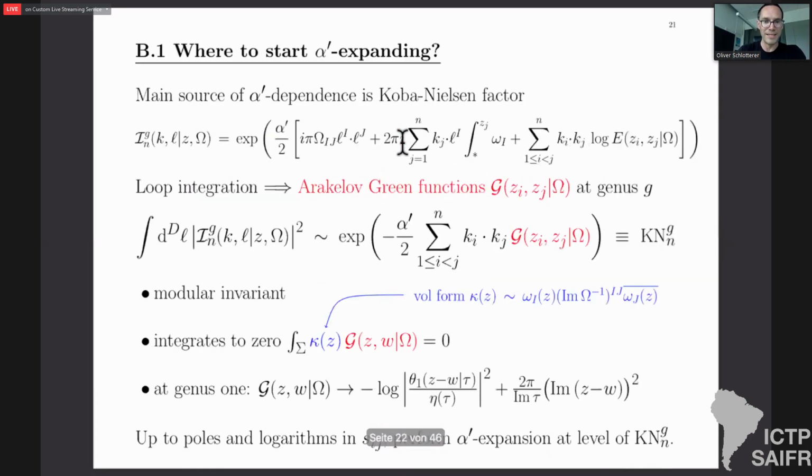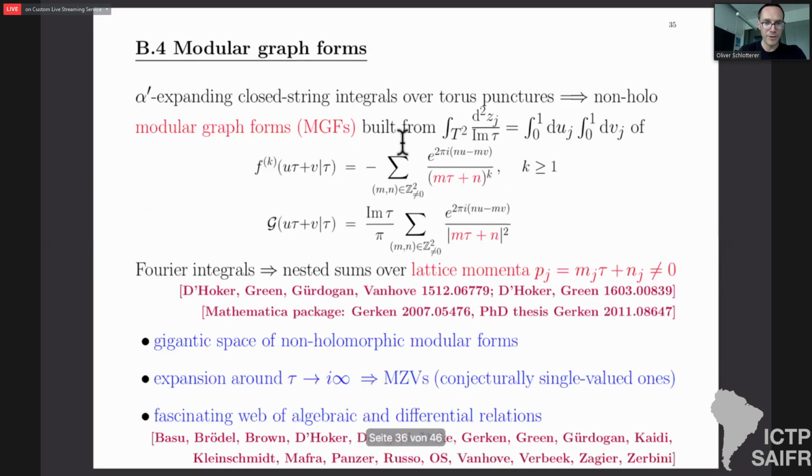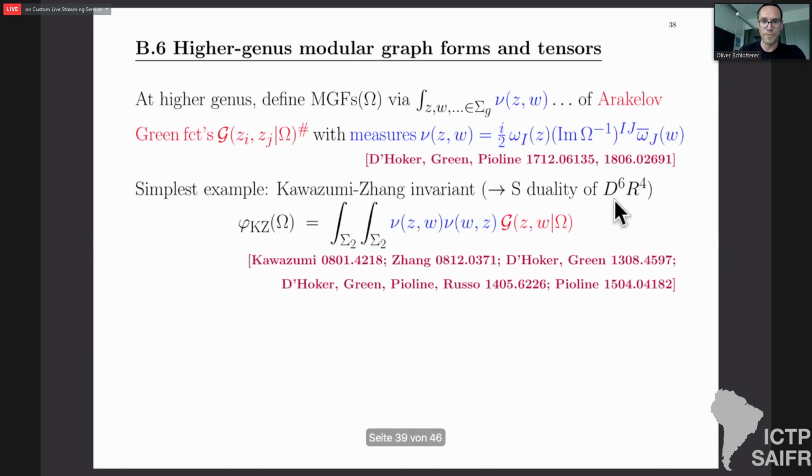So at the subleading low energy order, this is D^6 R^4, your task is to integrate this Chang-Kawazumi invariant written down here. So one Green's function, as I promised, taken from the Koba-Nielsen factor. This is the unique measure that is non-vanishing along with the Arakelov-Green's function.